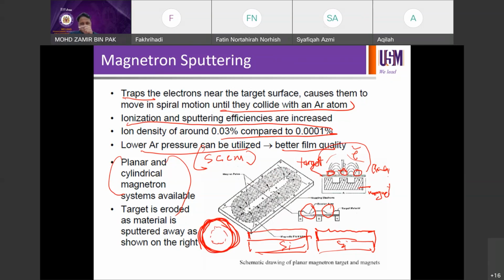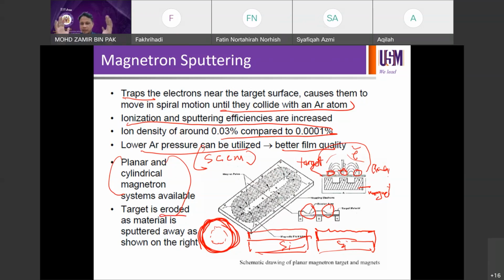That is the areas where your electrons are confined due to the presence of magnetron. Okay? Maknanya magnetic field tu dia akan concentrated kat situ, hence more collisions there, hence more sputtering there, hence holes kind of thing is created there, right? So the target is eroded. So ada longkang lah. We call that as target erosion due to the magnetron.